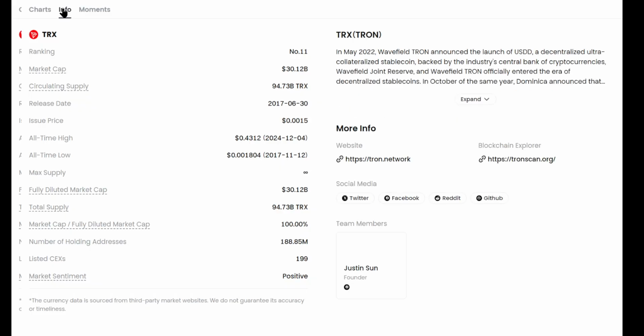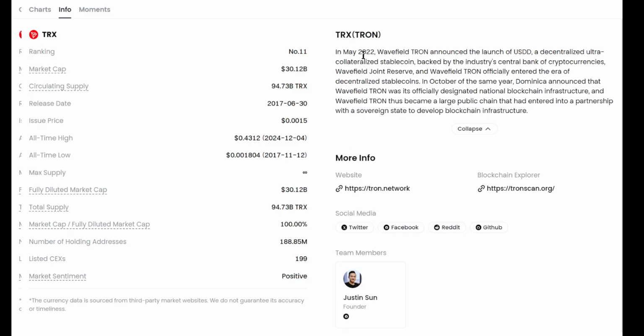Let's read the information about this TRX. In May 2022, Wavefield Tron announced the launch of USDT, a decentralized over-collateralized stablecoin backed by industry or central bank of cryptocurrencies. Wavefield joined Reserve and Wavefield Tron officially entered the era of decentralized stablecoins.